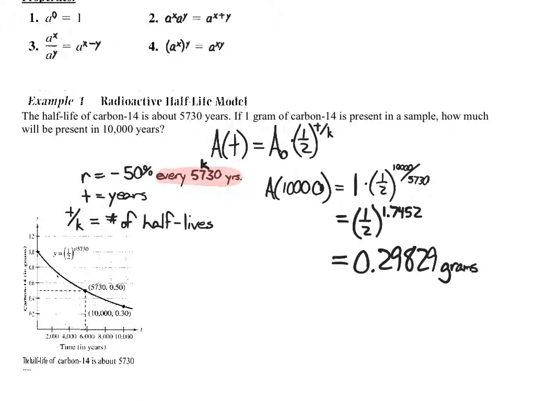Okay, I got it, yeah. So it's like every 5,730 years, the carbon-14 will be halved? Yes. And that's why we know the answer here should be less than a half. Because if we started with 1, after 5,700 years, it would be down to a half. We went 10,000 years, so it should be approaching a quarter.